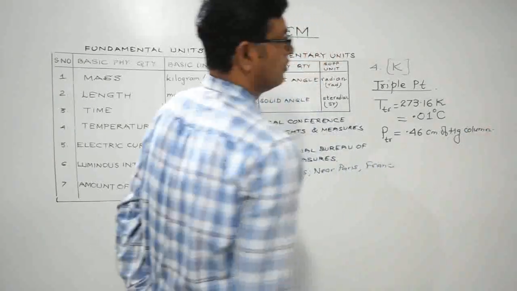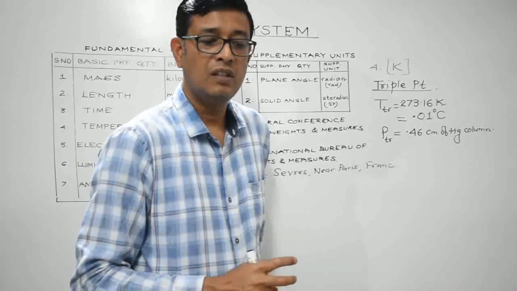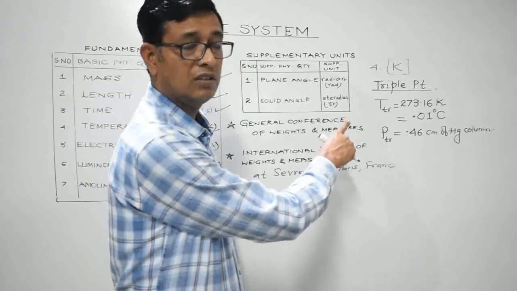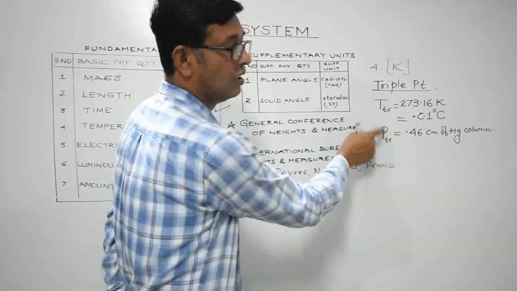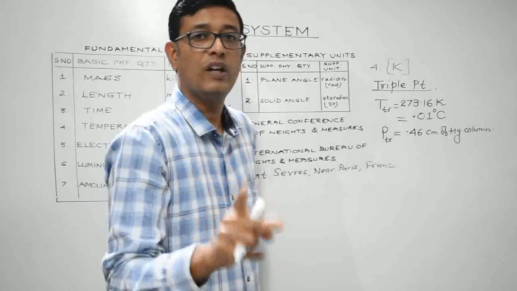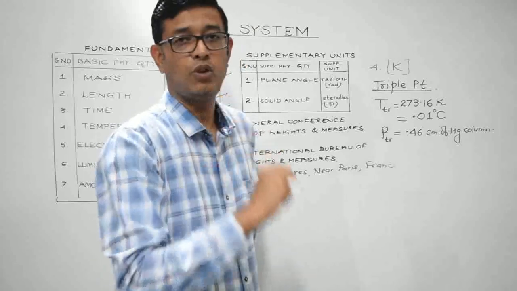Pressure we'll discuss in the subsequent chapters. Pressure is expressed in terms of height of liquid column. So if the pressure and the temperature are maintained at this value, then the water can coexist in all the three states, and that is known as the triple point of water.